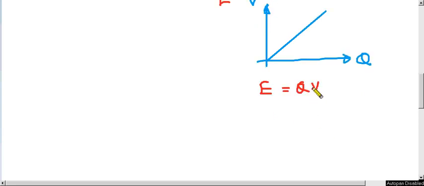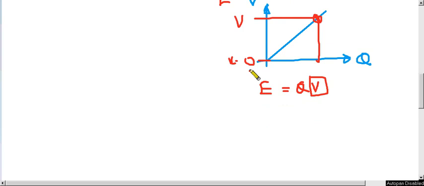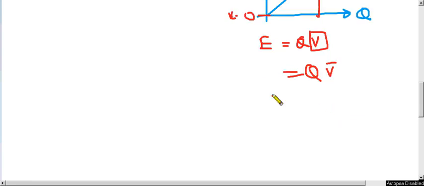But this voltage is not constant. Initially it was 0. Finally, the value we record is the final value, we just say it is V. So we have to use the mean value of V. How to find the mean value?